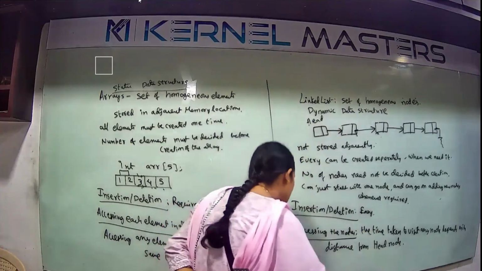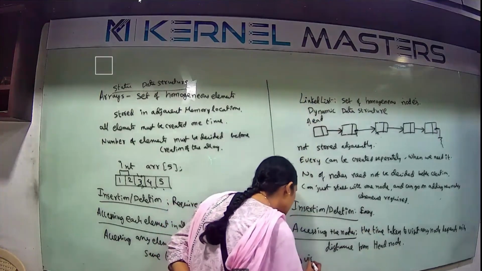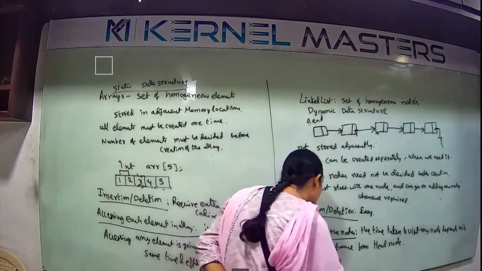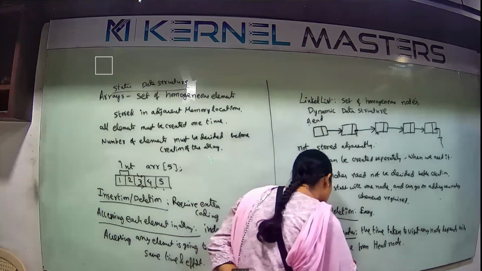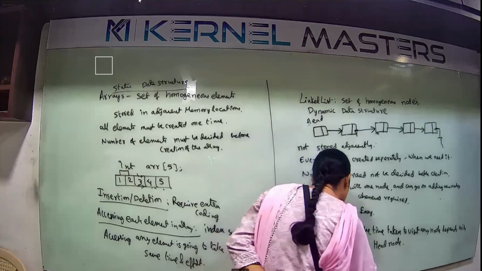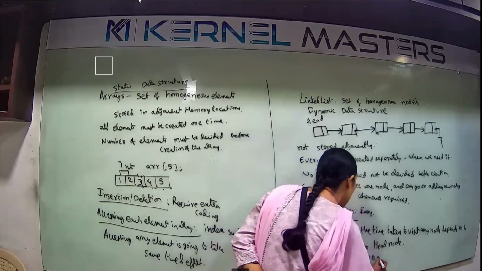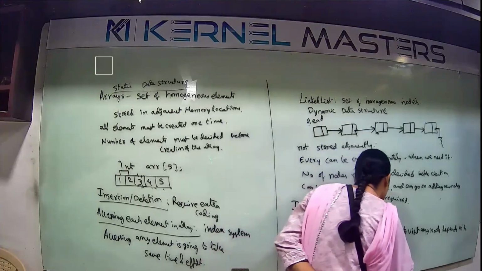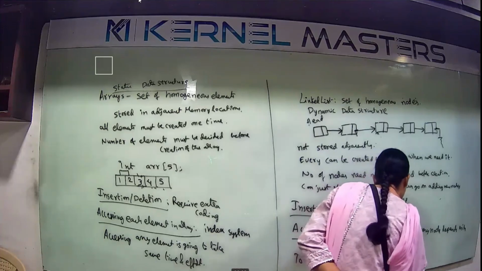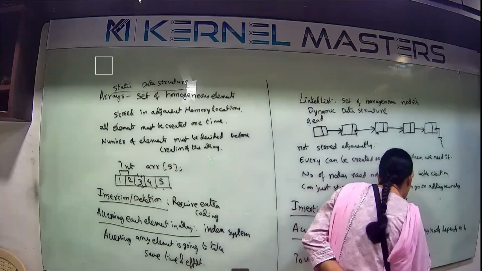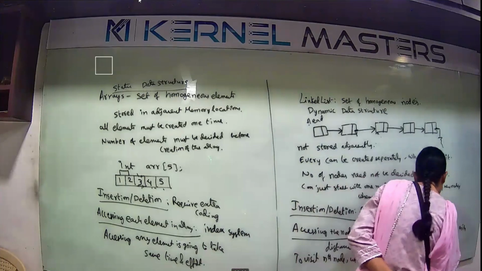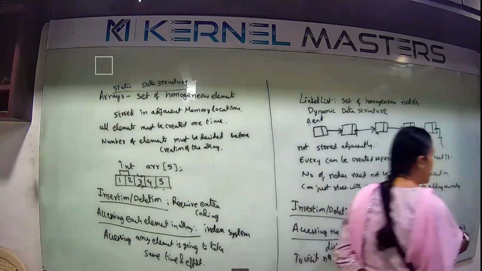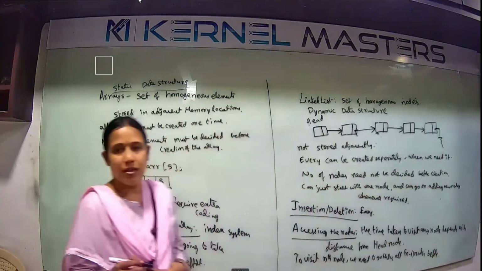So to visit the nth node, we need to go through all n-1 nodes before. Directly going to the nth node is not possible like in an array.